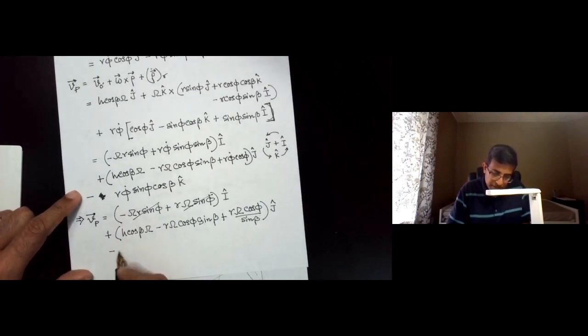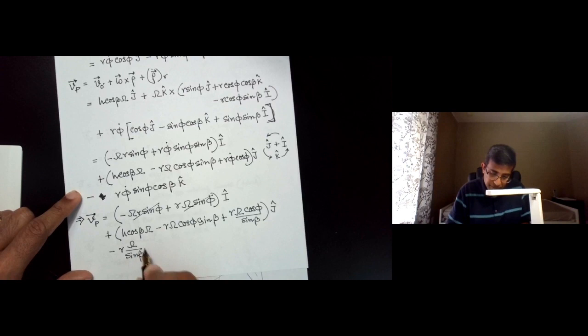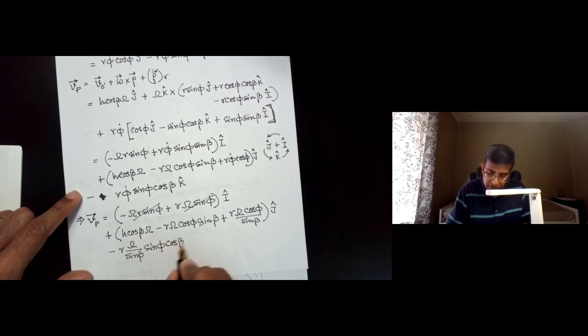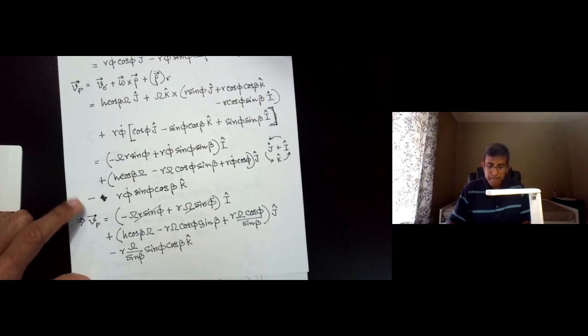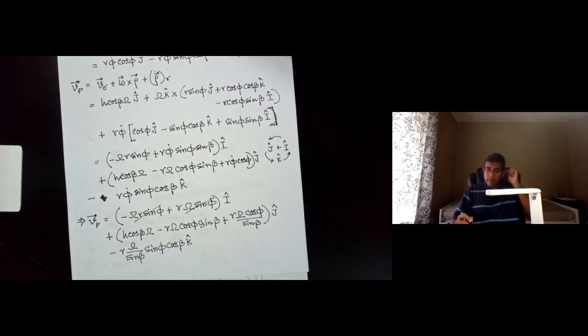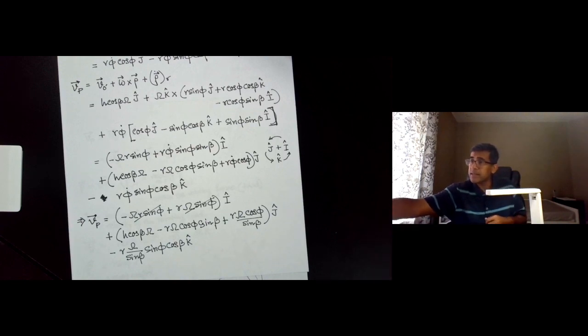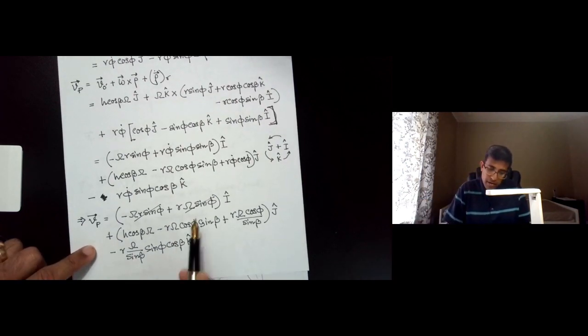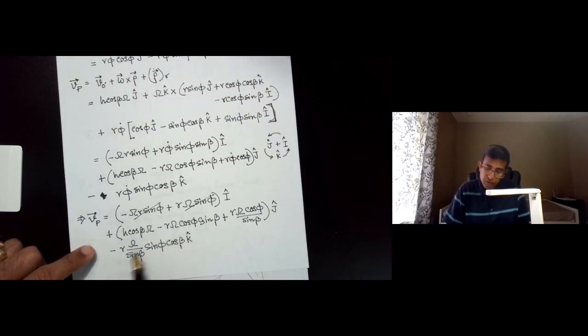Minus r omega over sine beta sine phi cosine beta k. Right? So that's the expression for the velocity.